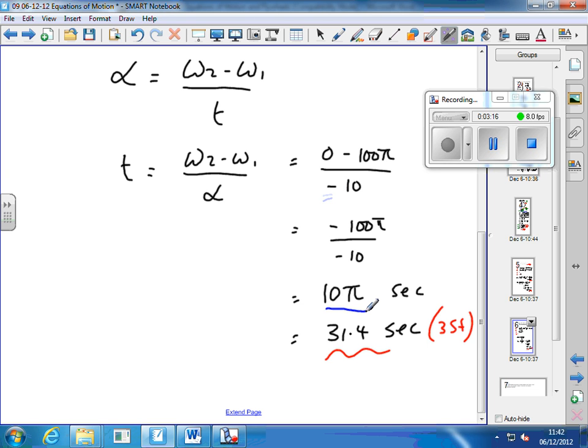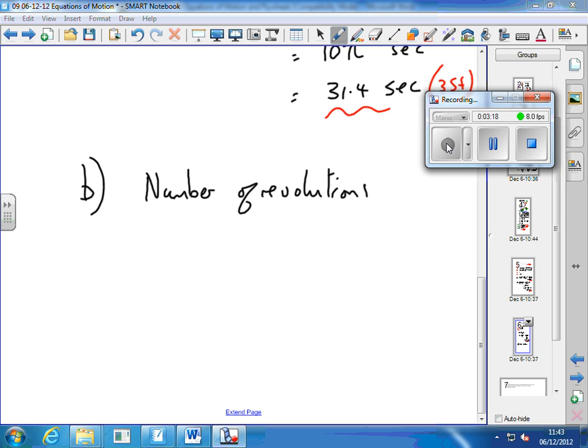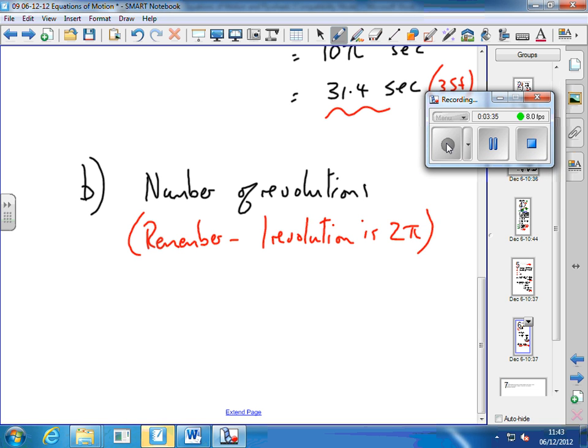Okay. So for part B, number of revolutions, remember, one revolution in terms of radians is what? 2 pi. So how do we calculate the number of turns it's going to do? What do we do?